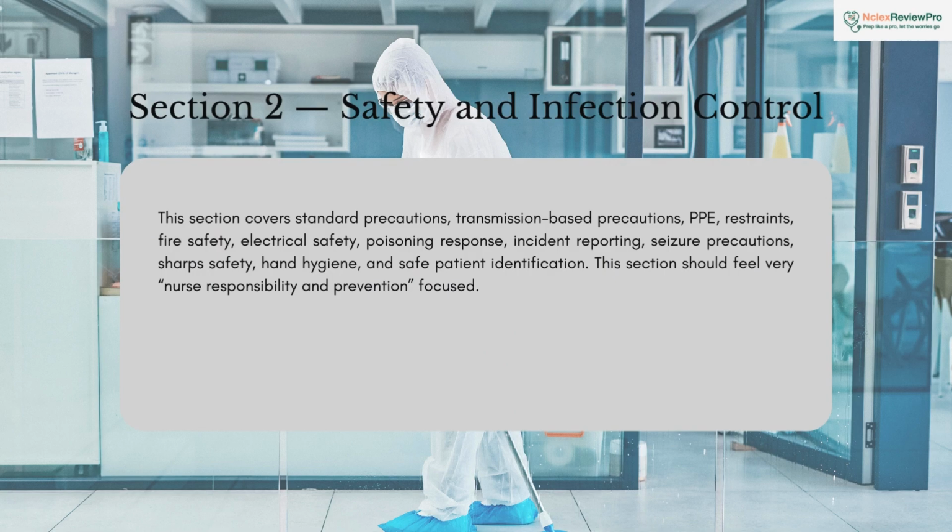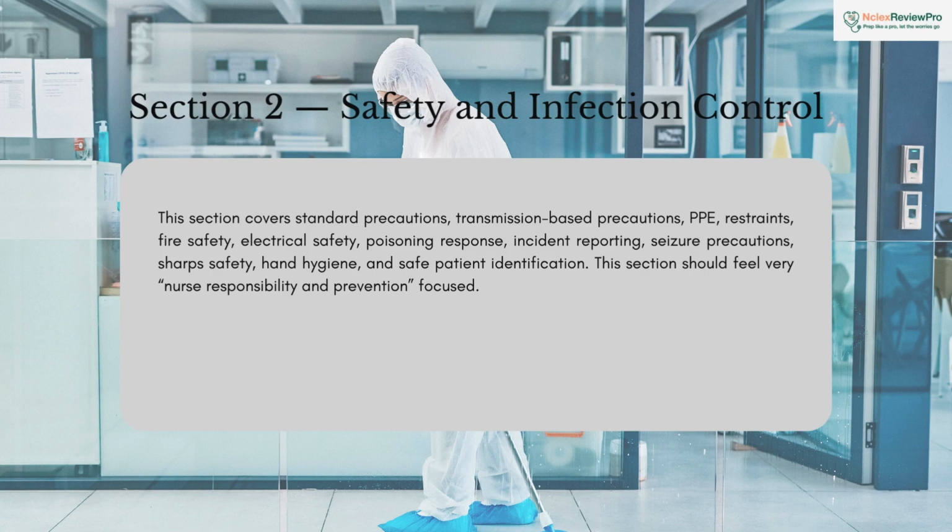Section 2, Safety and Infection Control. In this section, we focus on one of the nurse's most important responsibilities, preventing harm before it happens. We'll cover standard precautions, transmission-based precautions, PPE, restraints, fire safety, electrical safety, poisoning response, incident reporting, seizure precautions, sharps safety, hand hygiene, and safe patient identification.